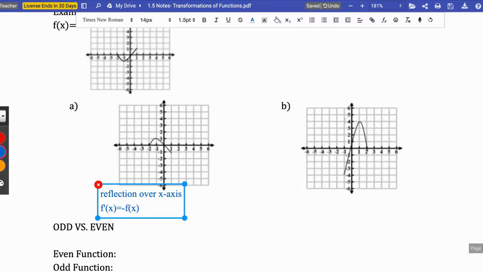B is still looking at how this graph right here compares to the original, not the previous graph, to the original. So looking at the original, this one looks like it's been flipped, right? Because it's doing a weird thing. It's almost like it's been flipped twice, right?